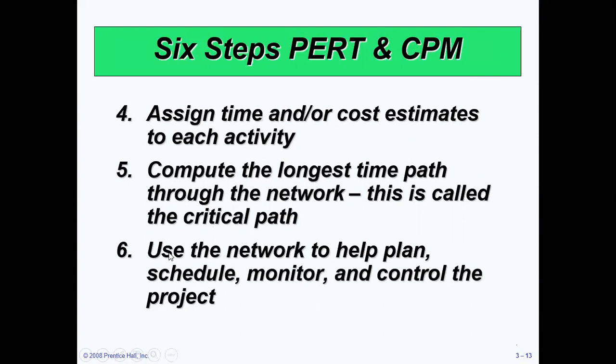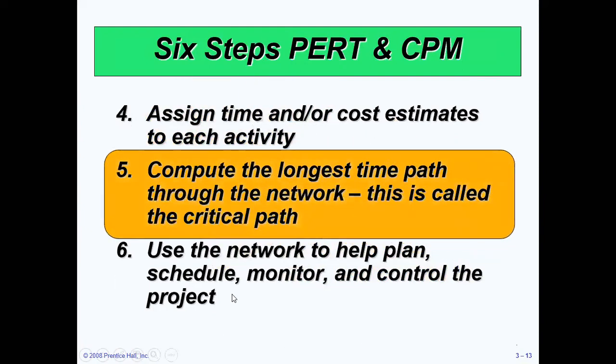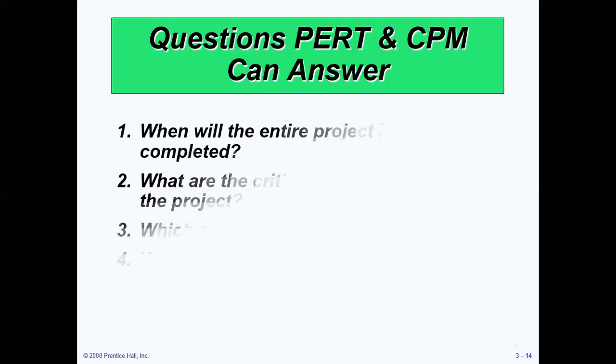And the last step in PERT and CPM is to use the network to help in planning, scheduling, monitoring, and controlling the project. So step 5 is very important, and that is to compute the longest time path through the network. And we call it the critical path.